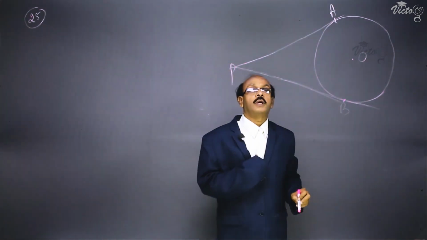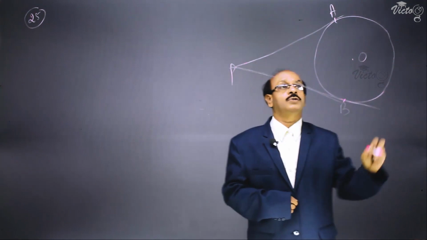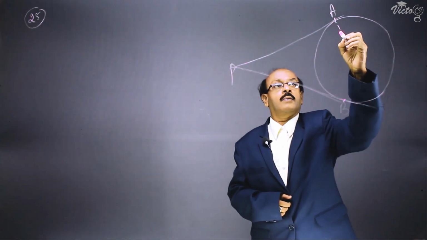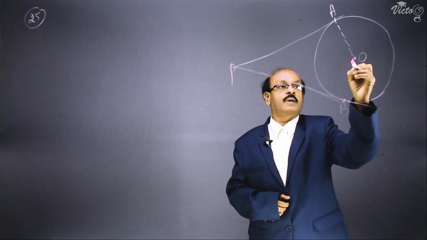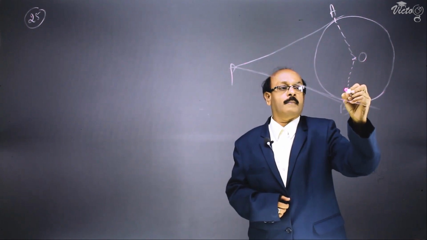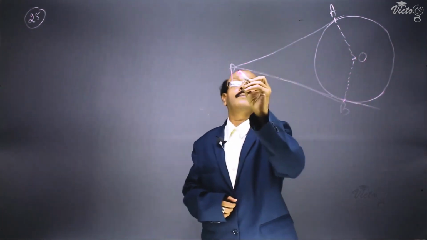We have to prove that PA is equal to PB. For that, join OA, then OB, then OP.